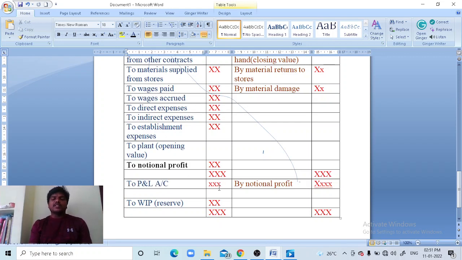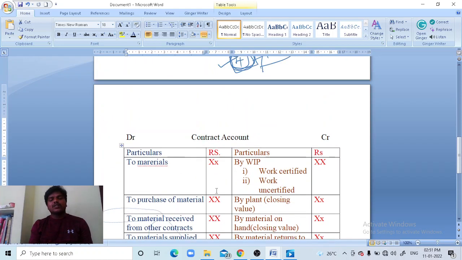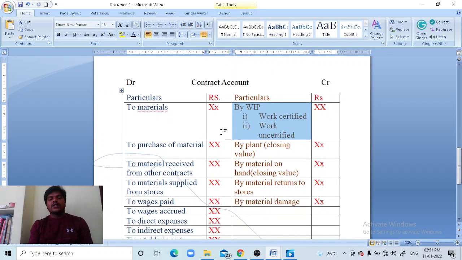The remaining balance from the notional profit, after taking his profit, should be transferred to the next year as work in progress. This work in progress will appear in the next year's contract works. So this is the complete pro forma for the contract account.